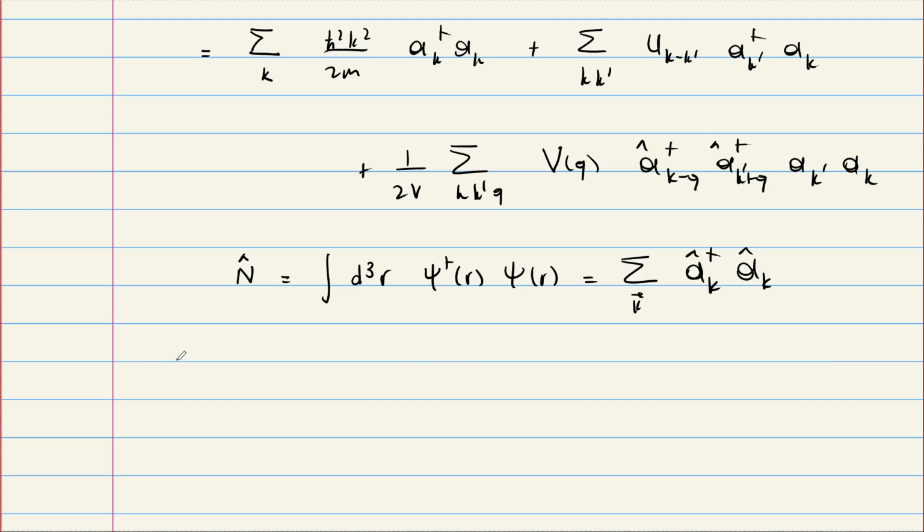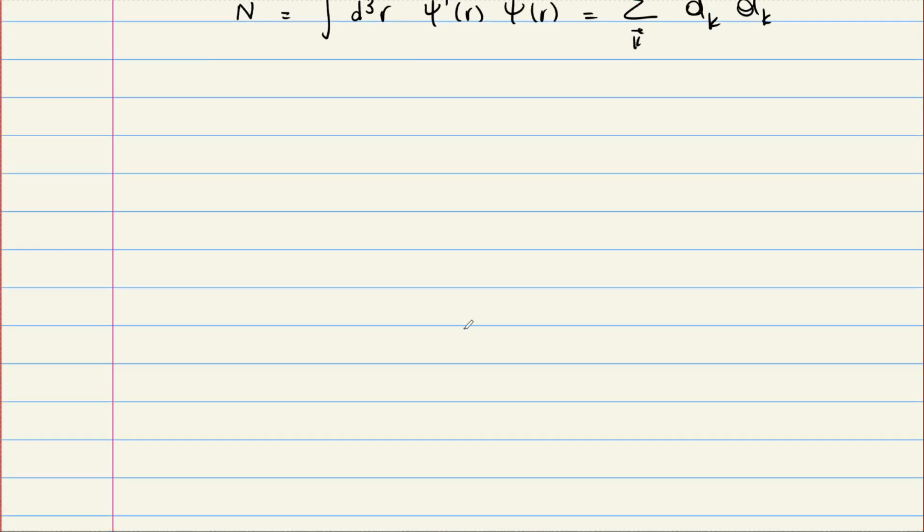Let's think about off-diagonal long-range order. This is kind of an old school terminology, but it means a broken symmetry in modern terminology. ODLRO.